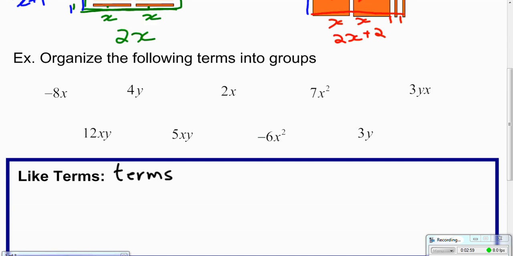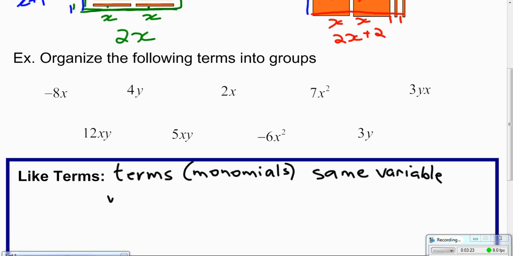So they could be letters, they could be numbers, but there's no addition or subtraction signs connecting two terms. They're only single terms, so monomials. Okay, so they are terms that have the same variable, so the same letter, with the same exponent.